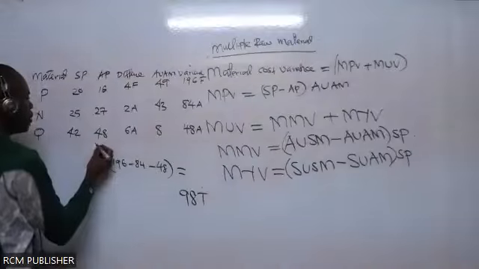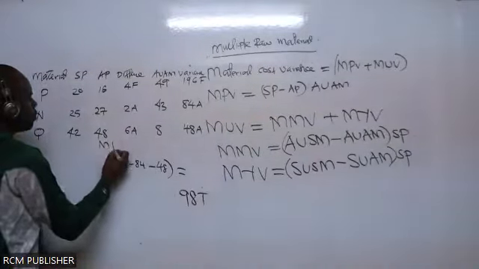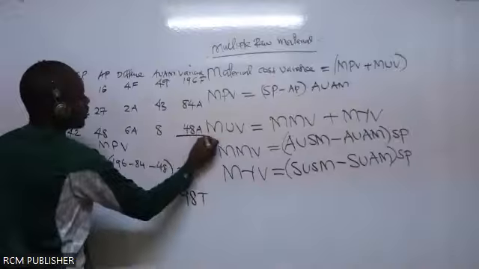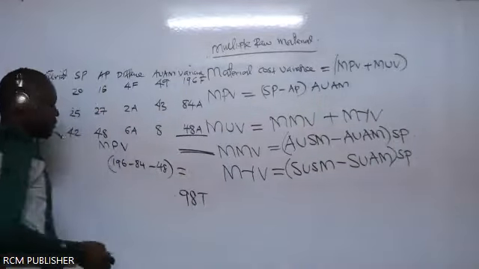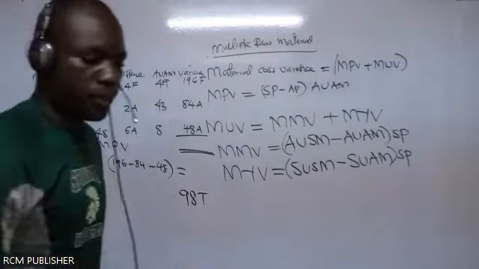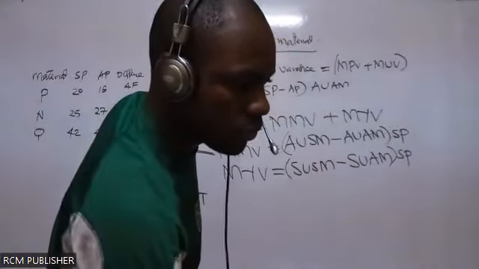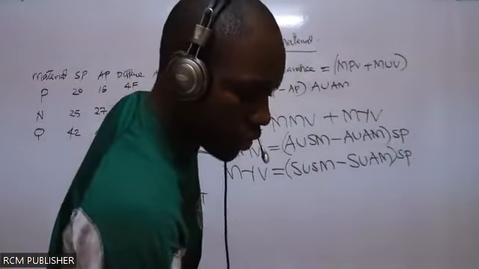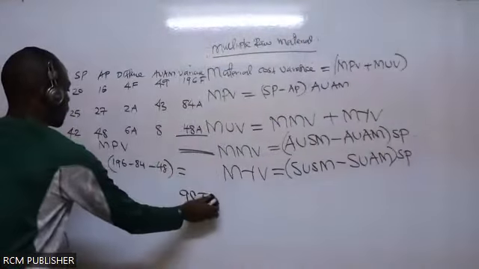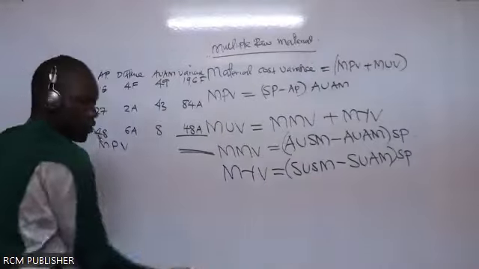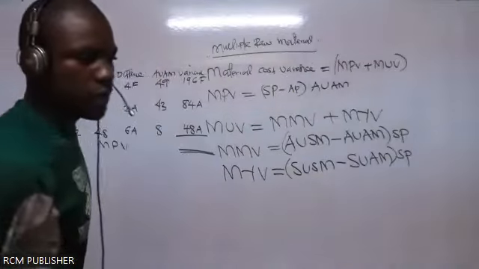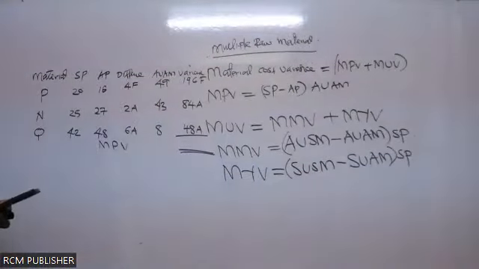Once you do that, material price variance is equivalent to the summation of these. What will the whole difference be? The whole difference will be 62.